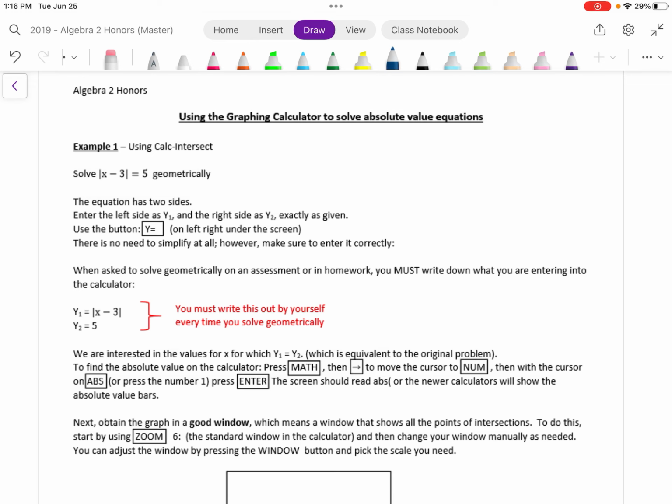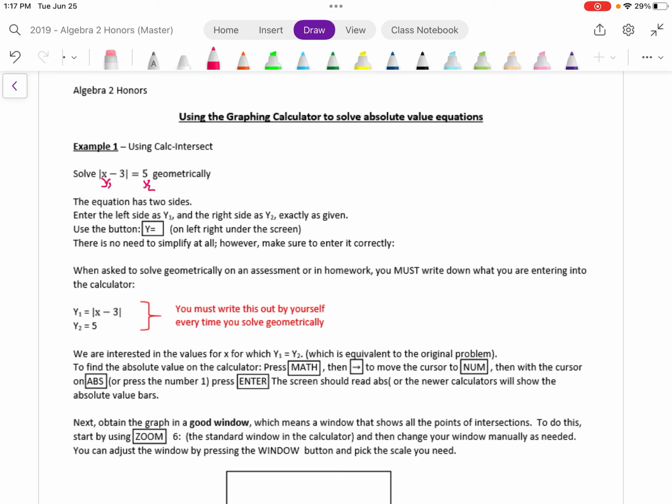So what we're going to do is take each of the two sides of the equation and set equal to y. To delineate the difference between the two, we're going to call one side y1 and the other side y2, like that. And then we're going to put that into the graphing calculator.